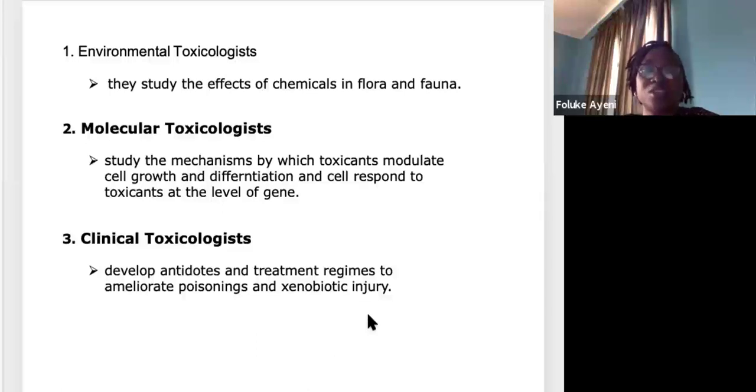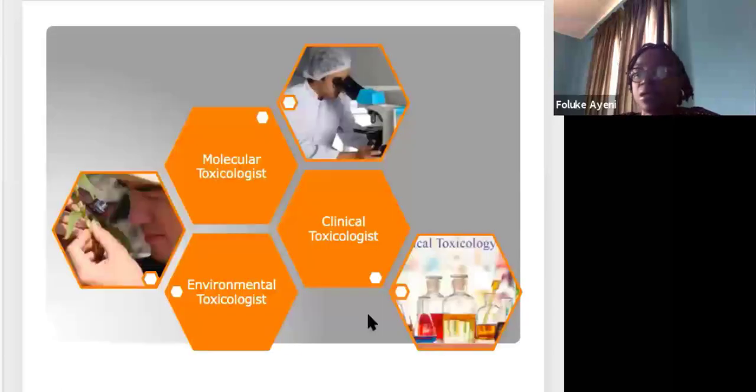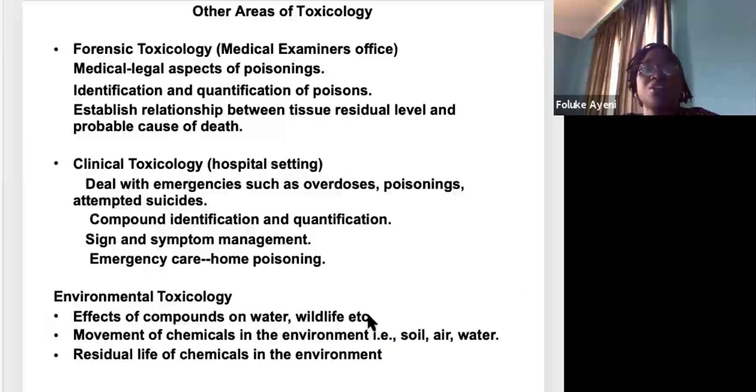We have clinical toxicologists who develop antidotes and treatment regimens to militate against poisonings and injuries caused by poisons. Also, we have forensic toxicologists. I've mentioned clinical toxicologists. They work mainly in hospital settings. And I've mentioned environmental toxicology.